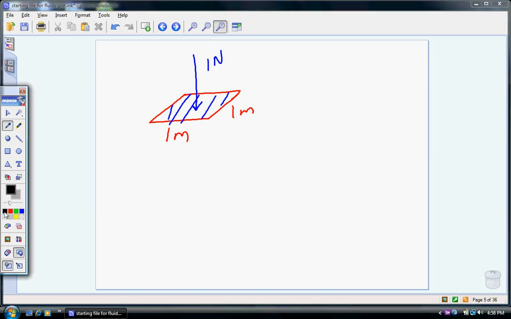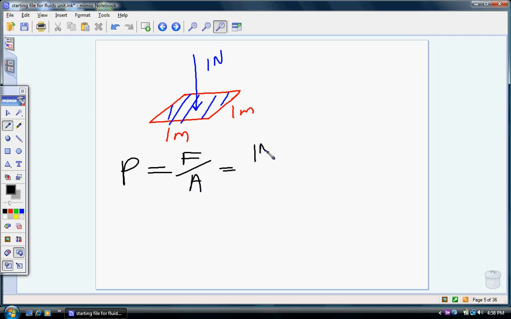Well, the pressure would be equal to the amount of force used divided by the area. And what would the area here be? Area equals length times width, which is going to be 1 meter times 1 meter, which equals 1 meter squared.